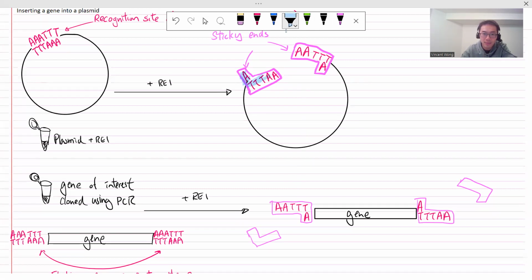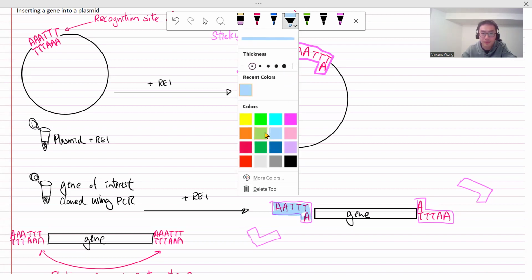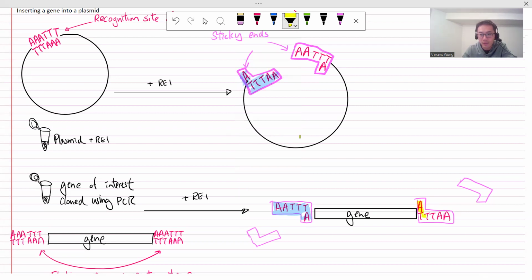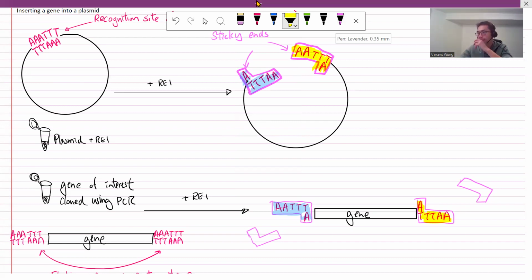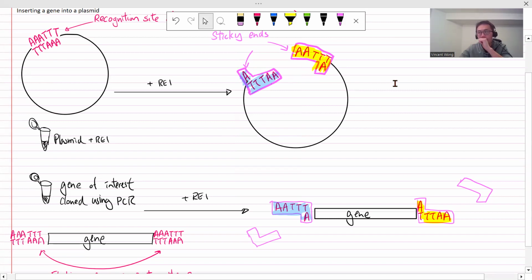This end in the plasmid is going to stick to this end of the gene, and this end over here is going to stick to this end. So essentially the gene will go into the plasmid. Any questions for that?